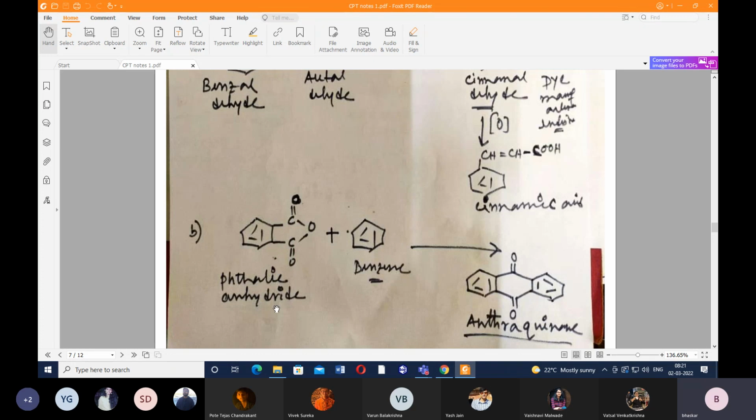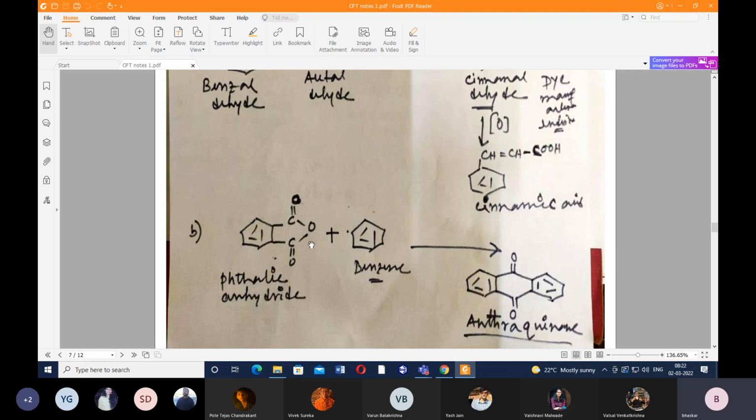This was phthalic acid. From phthalic acid, following the removal of an H2O molecule, we end up with C6H5, C double bonded O, C single bonded O. Again, C is attached to O single bondedly, and C is attached to another oxygen atom with a double bond. So this is the chemical formula of phthalic anhydride.